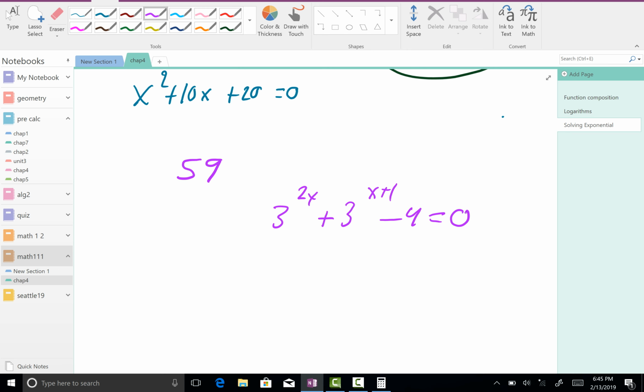So here's what they're saying: this is a form of a quadratic, and they're saying that you should be able to take this thing and factor it.